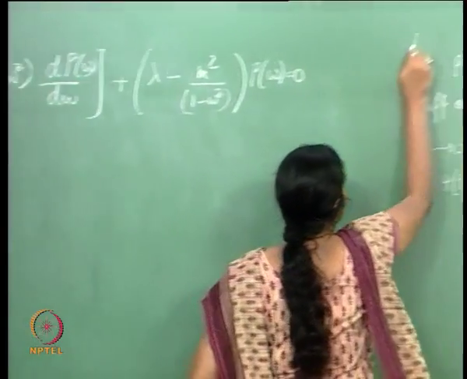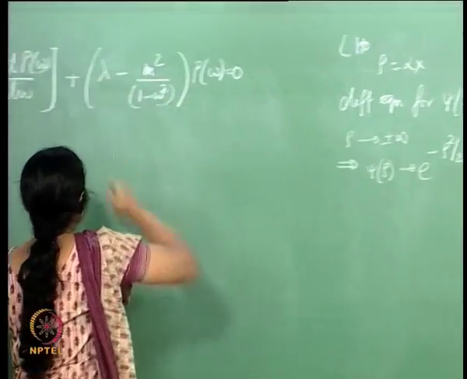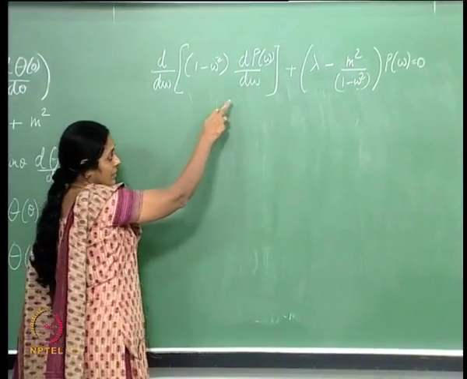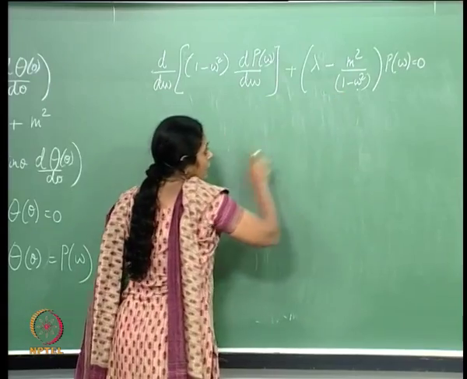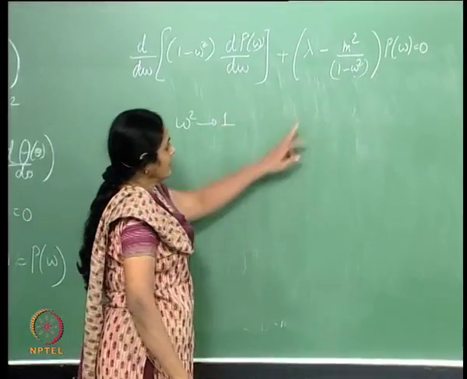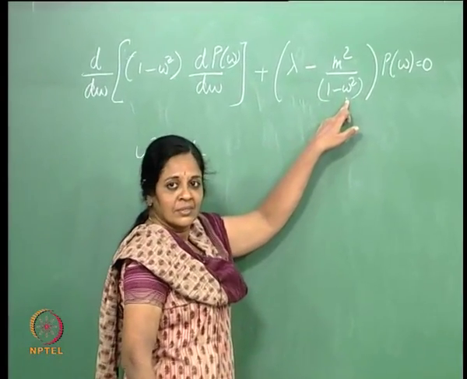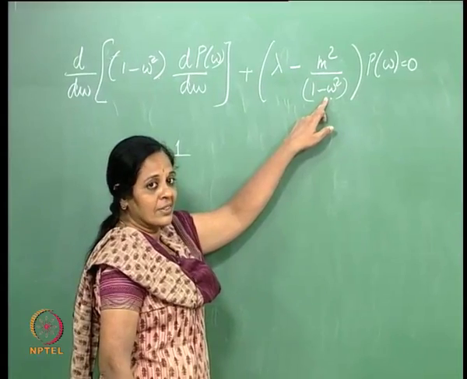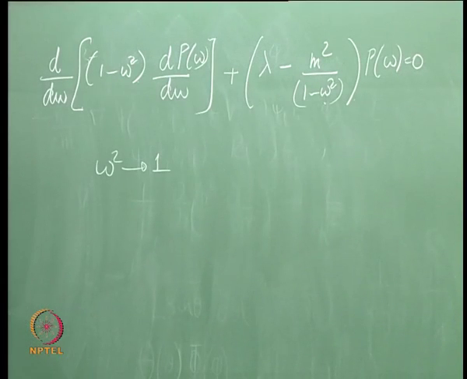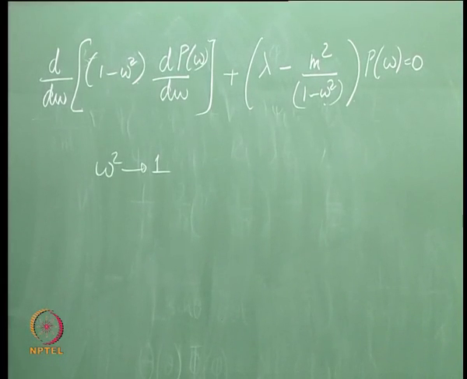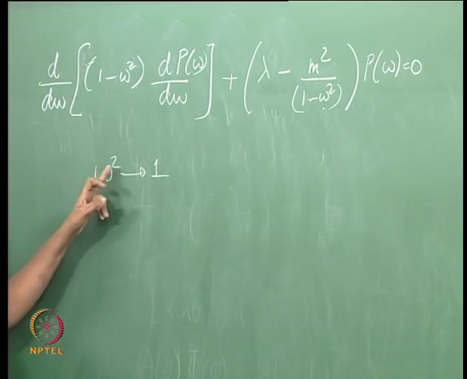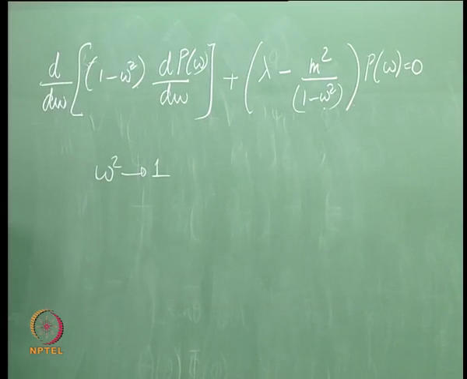So, this was the linear harmonic oscillator. Now, look at this equation. W is cos theta. So, trouble comes when W squared goes to 1. This term is going to create trouble because the denominator has 1 minus W squared. So, the analog of looking at what happens when x goes to plus minus infinity in this case is to look at what happens when W squared goes to 1.